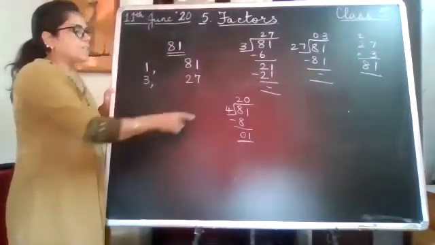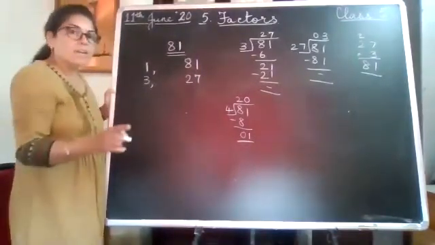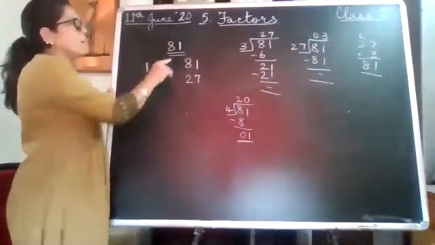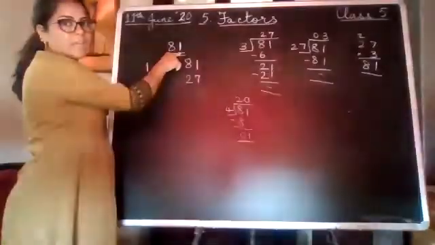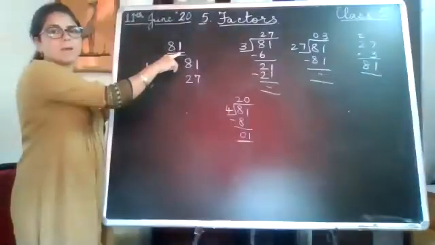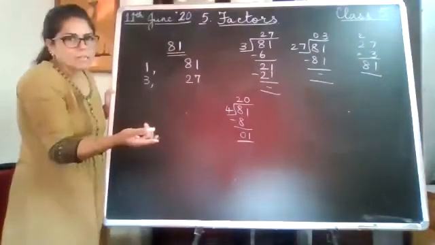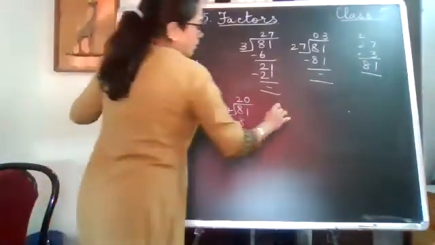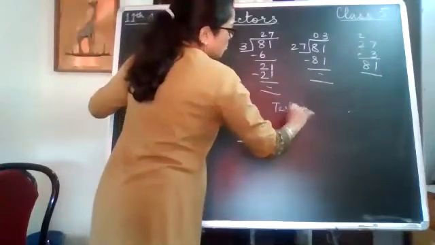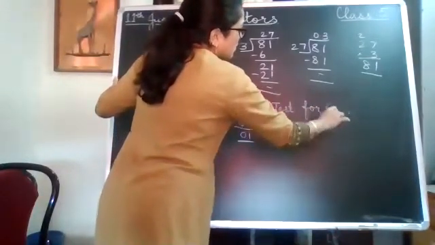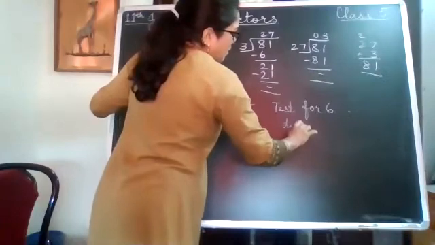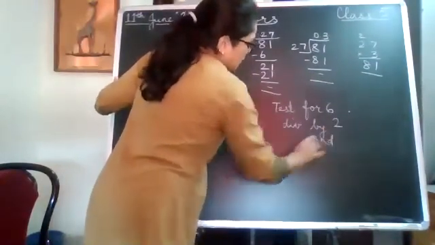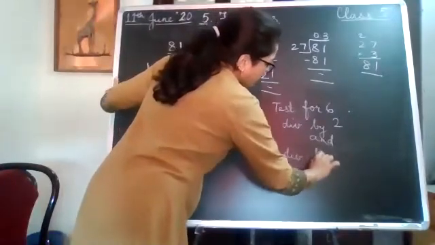Okay. Next, after 4 comes 5. We already learned the test of 5. We look at the last digit. If the last digit is 0 or 5, the number will be divisible by 5. But here it is 1, so it is not divisible by 5. Now there is the test of 6 also. Test for 6 is if the number is divisible by 2 and divisible by 3.